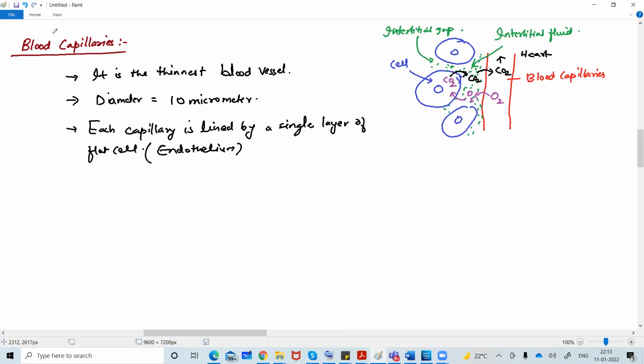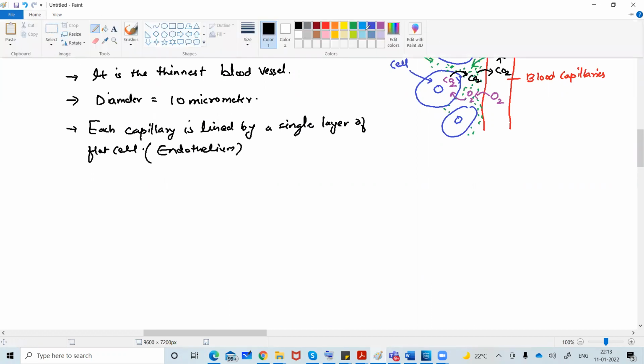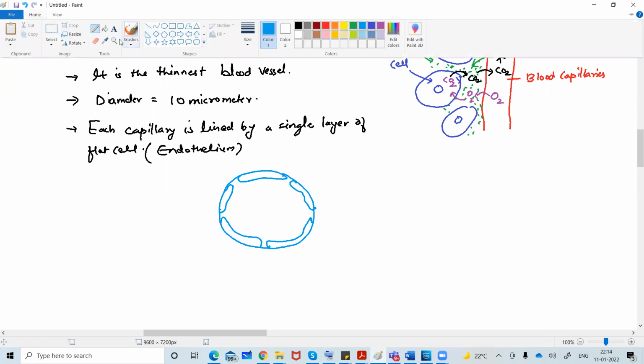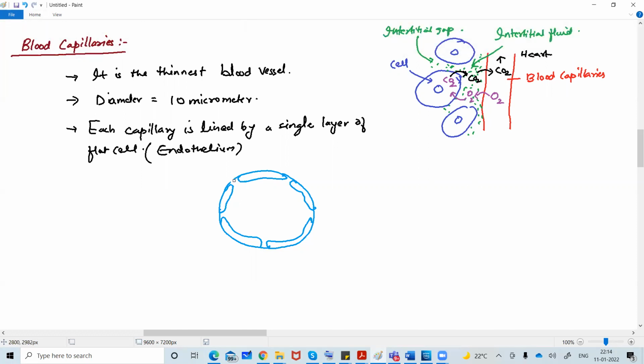So if I have to draw how they look, it is like this. It's very simple. First you draw the circle, and then you can make the cell arrangement like this. And then you can just clean these gaps.